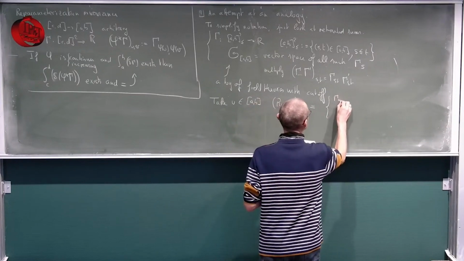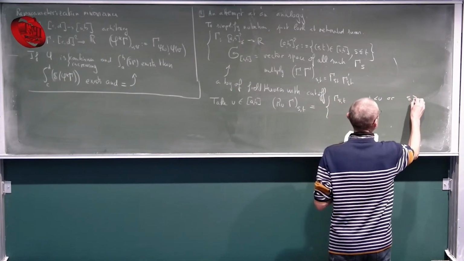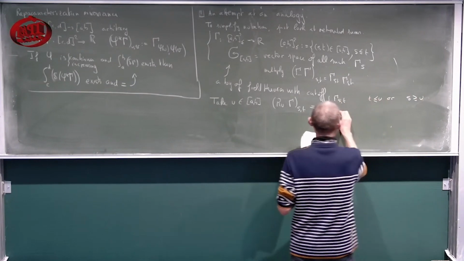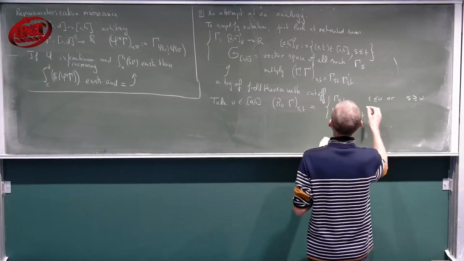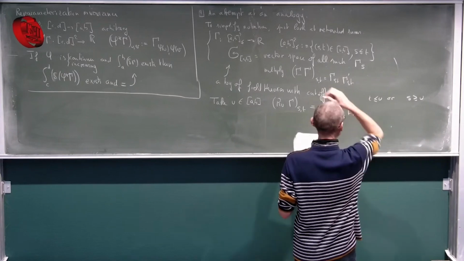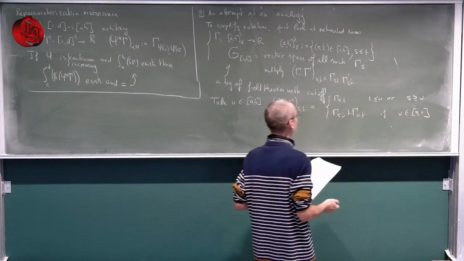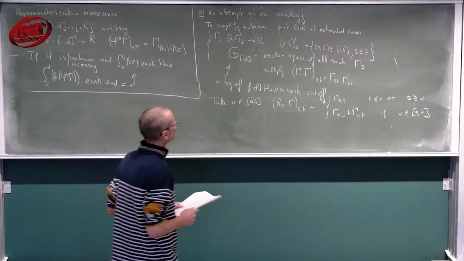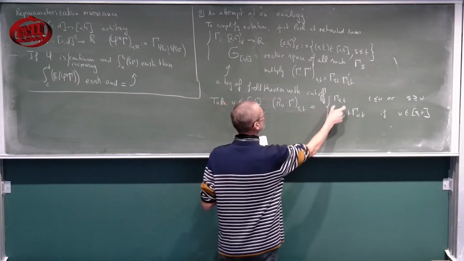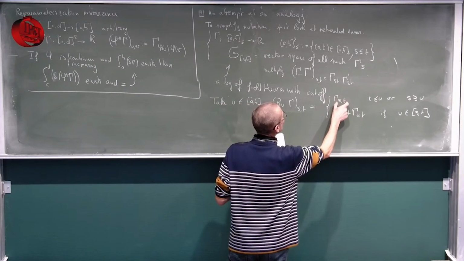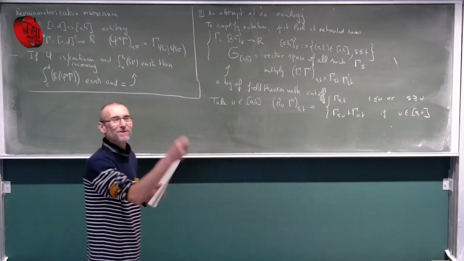It's going to be gamma ST if T is less than U or S is larger than U. And it's going to be gamma SU plus gamma UT if U belongs to the interval ST. So you see, this is a way to go from the trivial sum, the Riemann sum associated to the interval ST, to the one associated to the subdivision with the point U added. It's a way to insert a subdivision point.